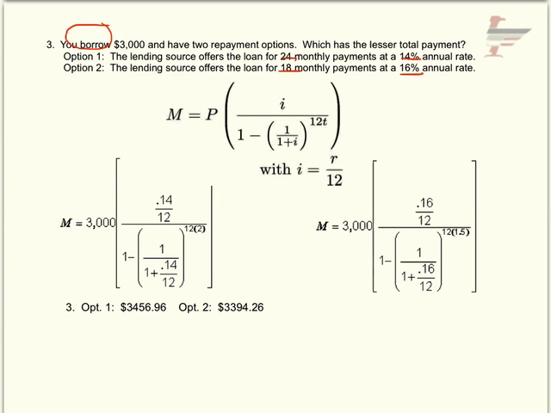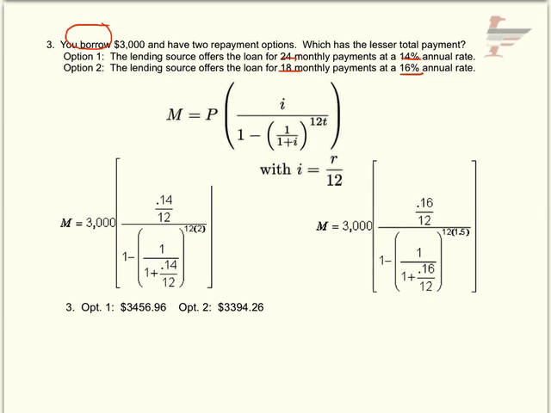And then you put in the 2 interest rates, so 14% for one, 16% for the other. And then the different yearly amounts. So 24 months, be careful, is 2 years. 18 months is 1.5 years. And then you can see that option 1 is this, option 2 is that. So the lesser total payment would be option 2.